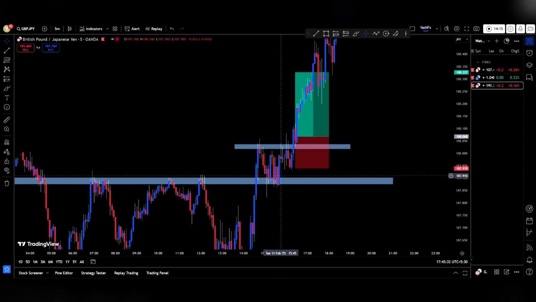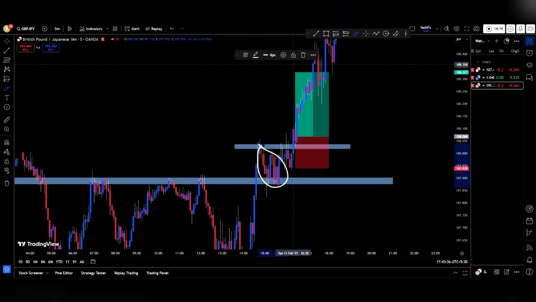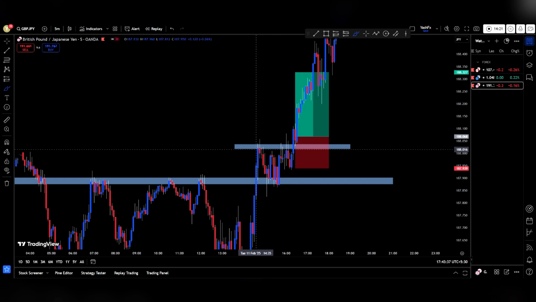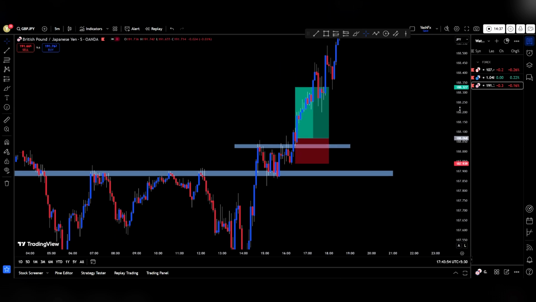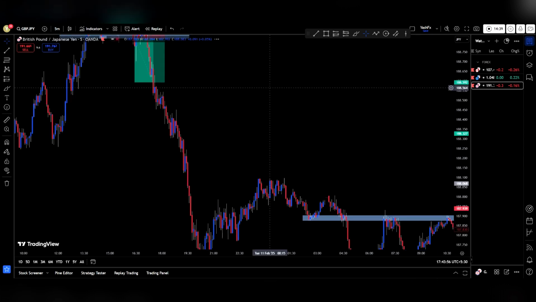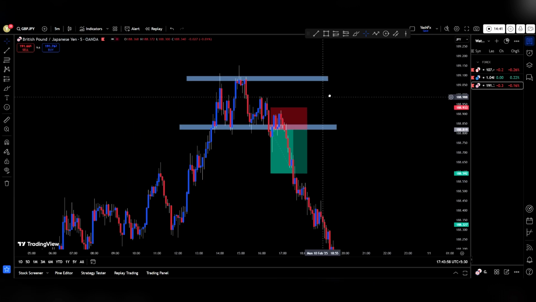Once the support gets broken here, this resistance, and then it gives a retest here, and after this retest is broken here, you can see a kind of resistance zone again. So I thought it is a good trade, and I entered this trade, and it was a 2 hour trade. Nice 25 pips trade. And yeah, now let's move to the next trade.